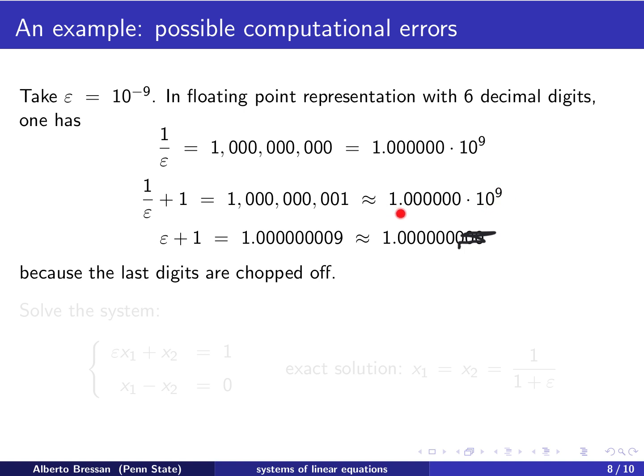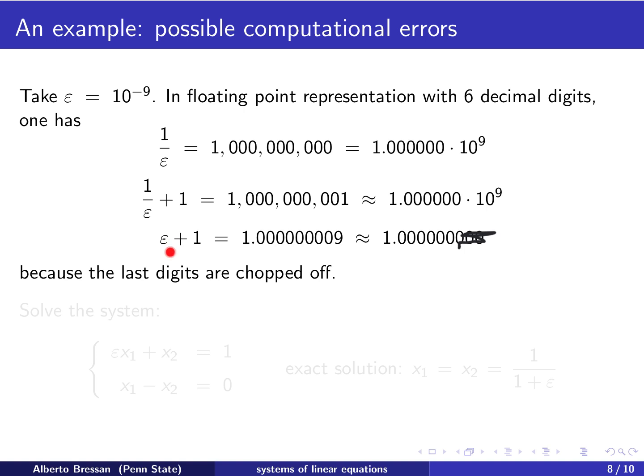Since we can only have 6 decimal digits of accuracy in our number, the last 001 here will be dropped, and in the computer it's approximated by this number. That is because the last digits are chopped off.